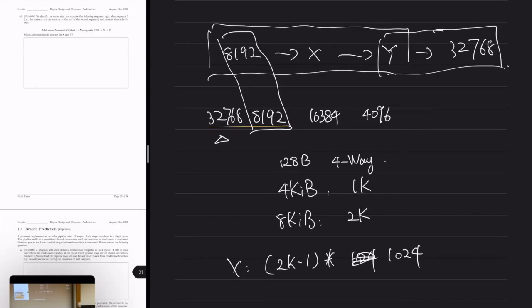And if the cache size is 8K, then this odd multiple will not replace 32K, and it will go to another set. So the access of Y to the same address would hit. By doing this, we can know whether our cache size is 4K or 8K. Yeah, so that solves our last question.